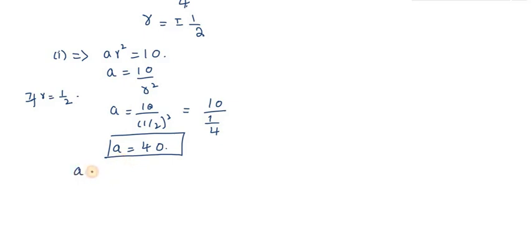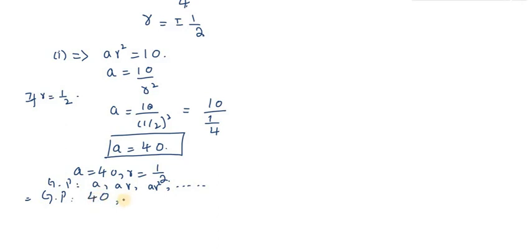So if a is equal to 40 and r is equal to plus 1 upon 2, the geometric progression is: a is 40. We know the standard form of geometric progression is a, ar, ar square, and so on.